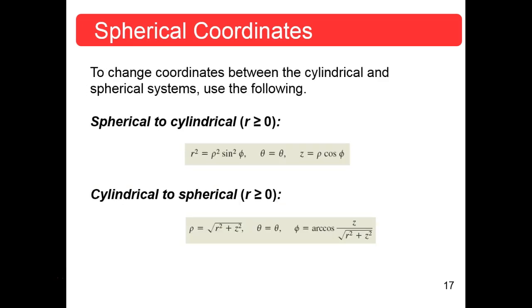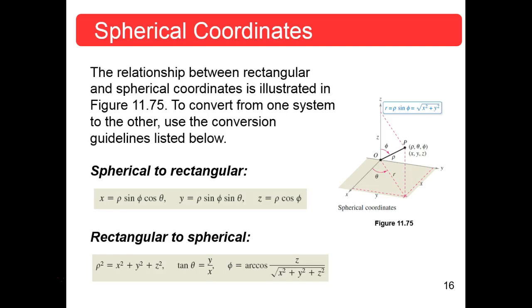All right, to change coordinates between cylindrical and spherical, we would want to do that, but you should be able to. Wish they still had the picture here. If you go back here, we already said this r was equal to rho times the sine of phi, right?